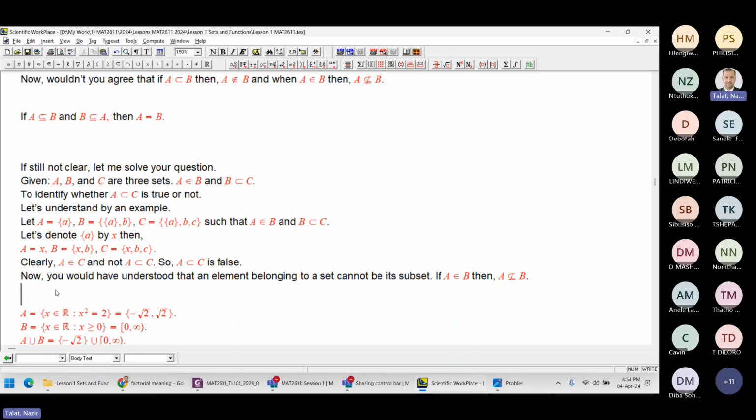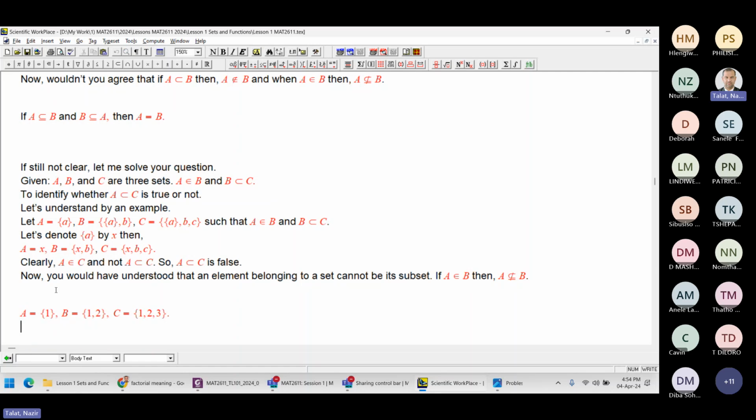For instance, regarding subsets, let me make another example. If we have a set A which contains 1, and another set B which contains the two elements 1, 2, and another set C which contains 1, 2, 3.